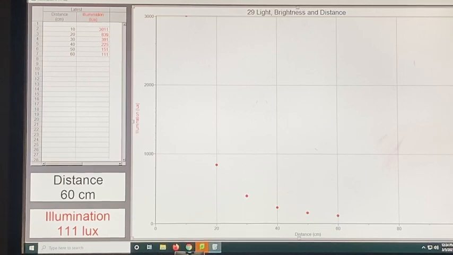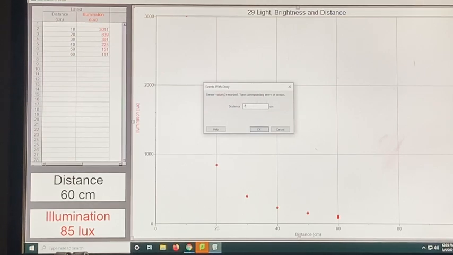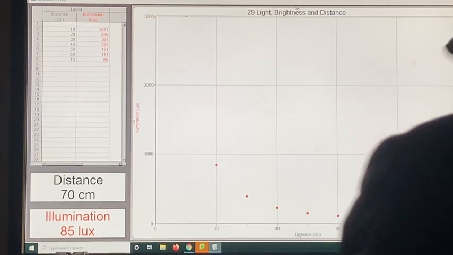Okay, at 60 we get 111. We'll now go up to 70. All right, that's 70. All right, then we go up to 2 more. Oh, 1 more. Now we're going to do 90.